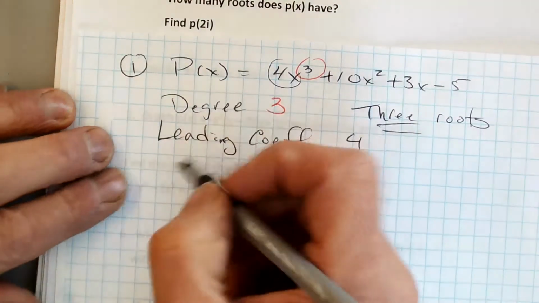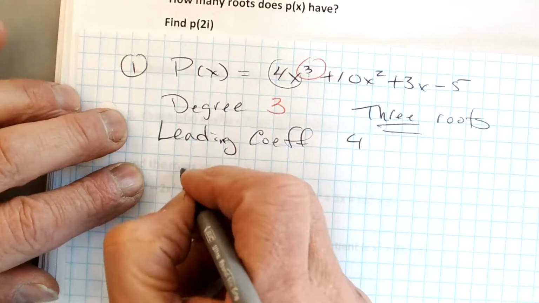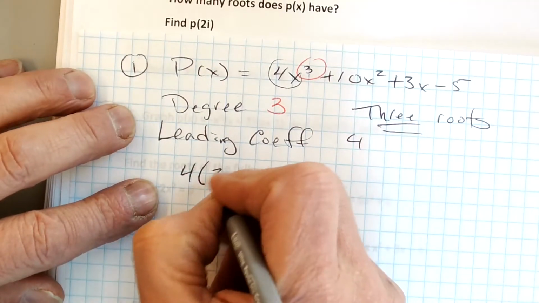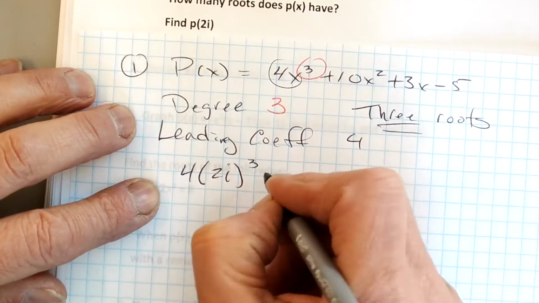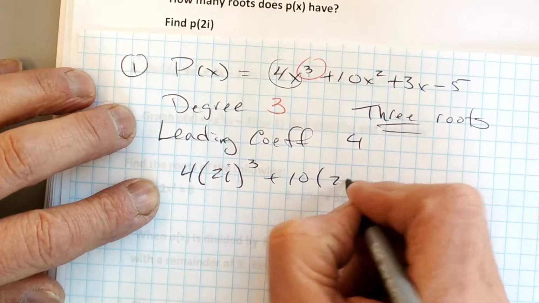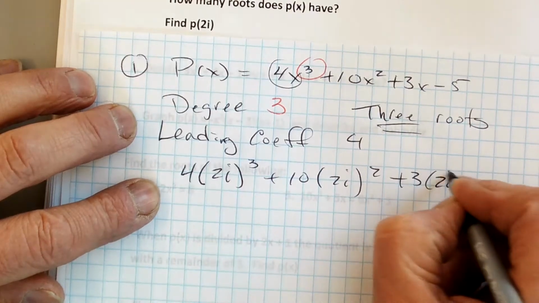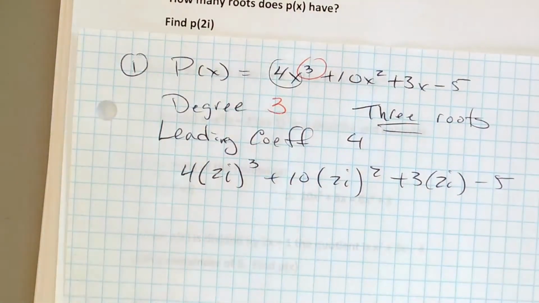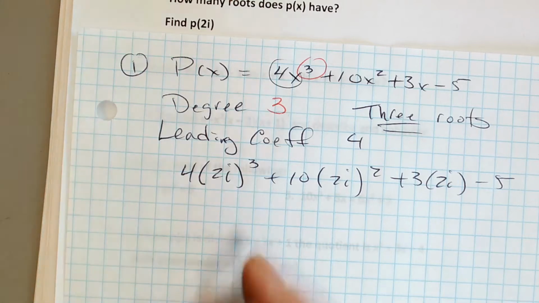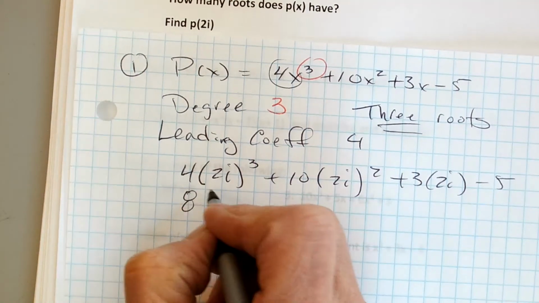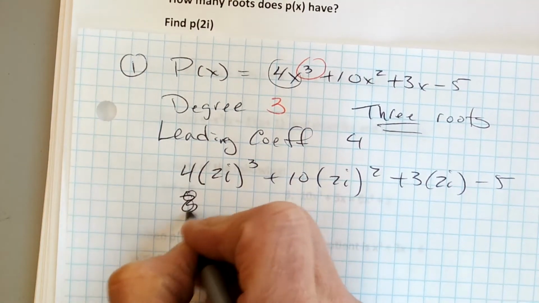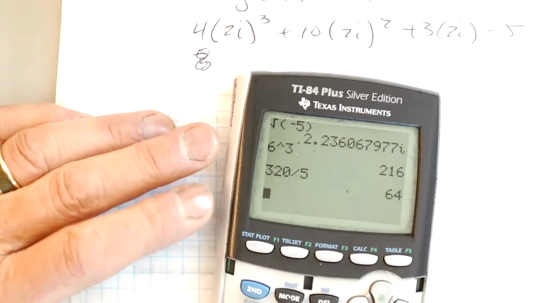Now, p of 2i is going to be to plug in 2i, so I'm going to go 4 times 2i cubed plus 10 times 2i squared plus 3 times 2i minus 5. If you simplify this, that's an 8 times 4 is 32. Let's see, I can just do my calculator. I have an i button on my calculator, which makes it so much easier.